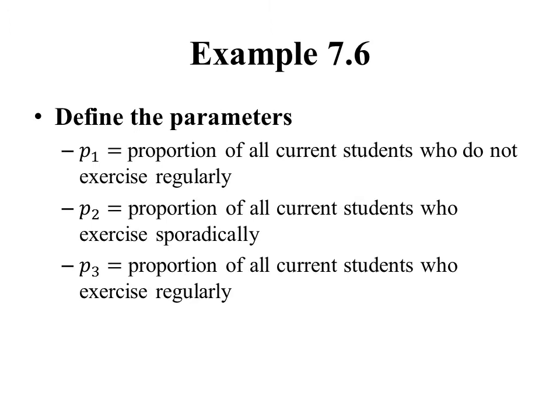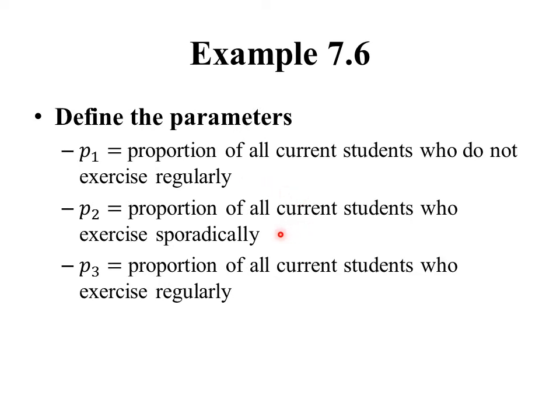So the first step in any hypothesis test is to define the parameters. In this type of hypothesis test, we're going to have three parameters, one for each of our different categories of exercise habits. And so P1 we'll define to be the proportion of all current students who do not exercise regularly.